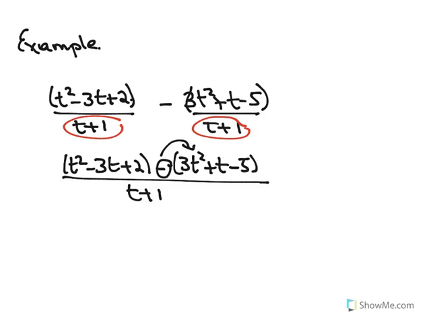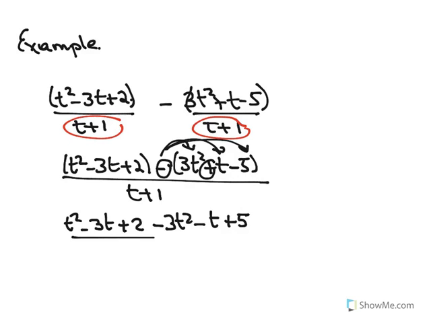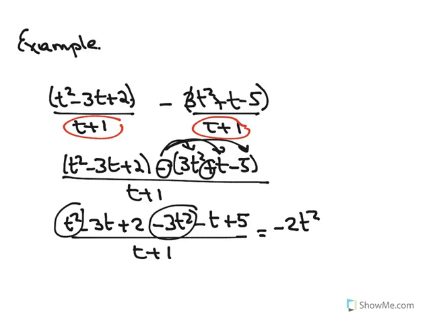Remember that this negative sign is going to change the signs of the terms inside the parentheses, so I'm going to get t squared minus 3t plus 2 minus 3t squared, this sign changes, minus t plus 5, and then I get a t plus 1. Okay, and now let's just combine like terms. I have t squared minus 3t squared, which is negative 2t squared, correct?